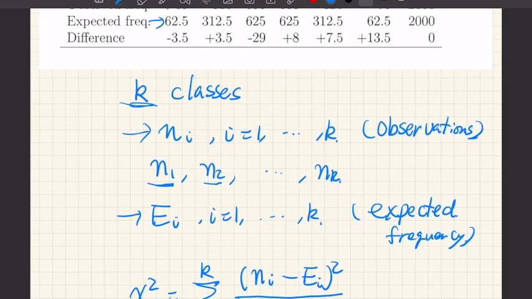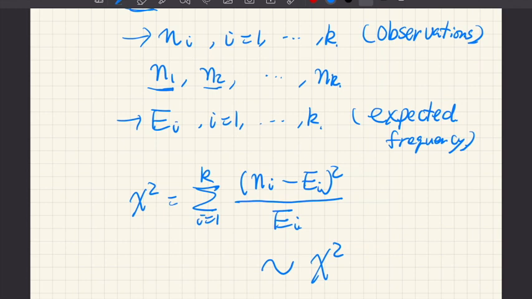We have k classes, and actually this is a little bit involved. It follows the chi-square distribution with k minus 1 minus p degrees of freedom. So what is this p?